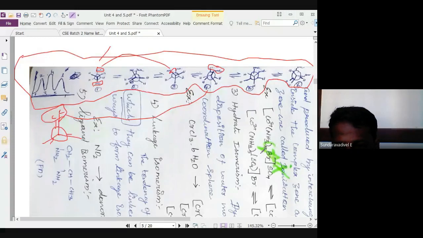Out of six, which one is the more stable conformation?